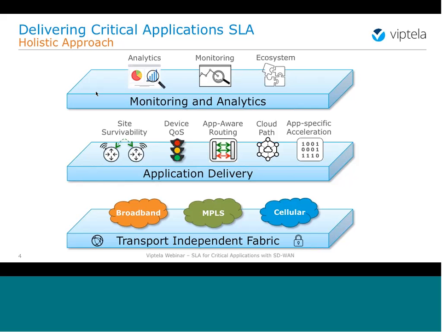So both monitoring and analytics together provide you a comprehensive way of keeping a close look at your application delivery. And again, the ecosystem or the partnerships that we strike expand the monitoring and analytics capabilities beyond what a single product can offer.